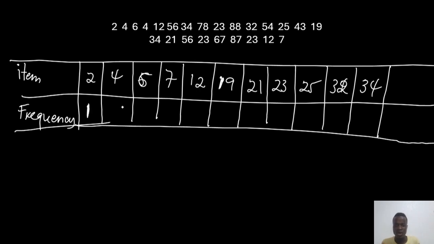So 2 appears once, 4 appears, I guess, twice, and 6 appears once, 7 appears once, 12 once, 19 once, 21 once. 23, I guess there are 2 of them, or even 3. 25 once, 32 once, 34 once, and most of the rest are 1, 1, 1.